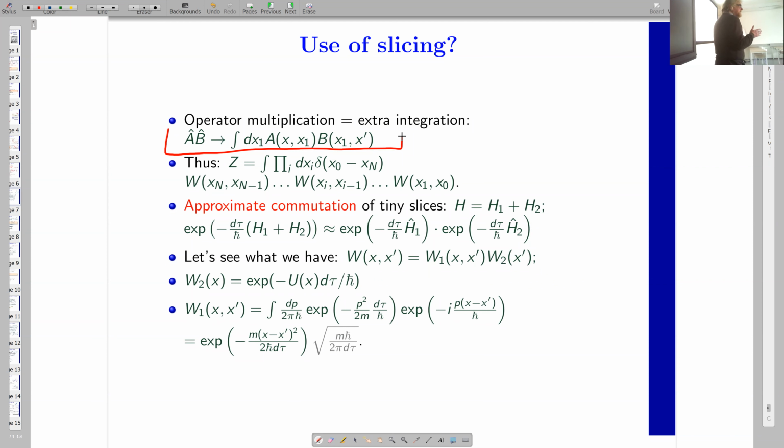For each slice, I've introduced a separate variable x_i. And I have a lot of integration. I need to take a trace after all.